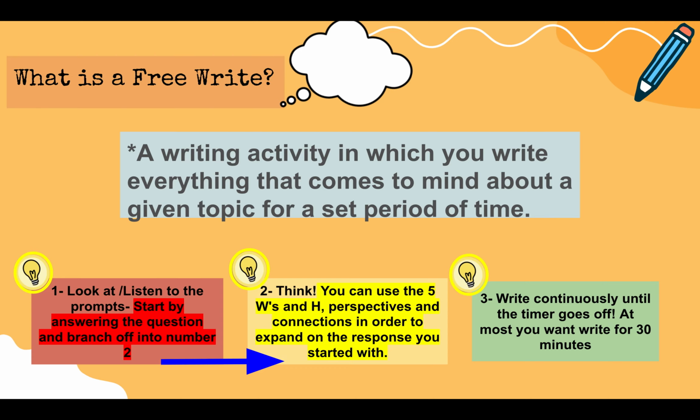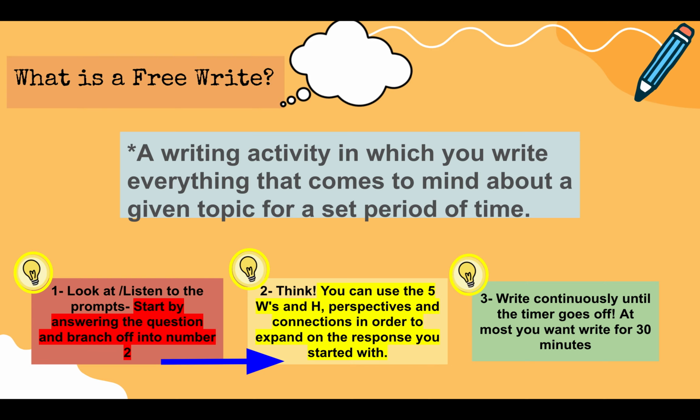When we look at or listen to the prompts, we need to start by answering the question, meaning the prompt, and then branching off into number 2. So first, directly answer the prompt. After you do that, you can extend your response and the details by thinking about the 5 W's and an H: who, what, when, where, why, and how.